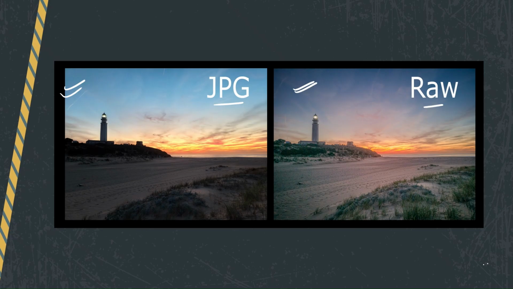Now, this left one is a JPG file, which is a compressed format where the camera processes and discards image data to create a smaller file. The lost data cannot be recovered. When you look at this right one, we have a RAW file, which is completely uncompressed.